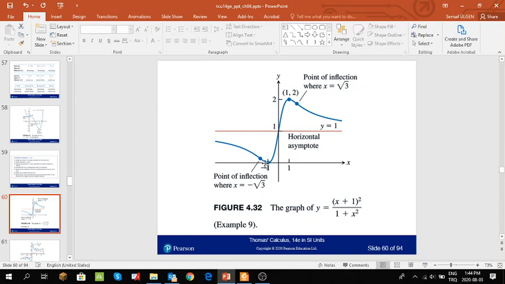We have a local max and local min here. At -1 the second derivative is positive, so it is concave up. The second derivative test gives us a local min. The second derivative test gives us a local max here because the graph here is concave down.